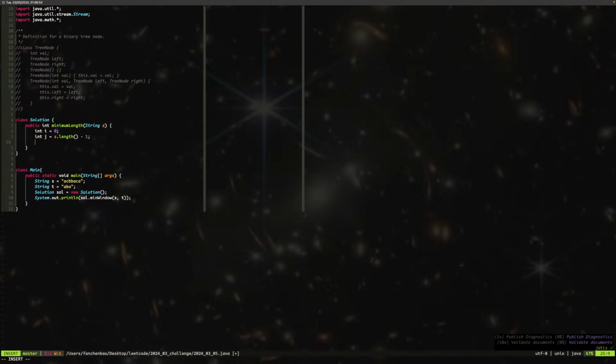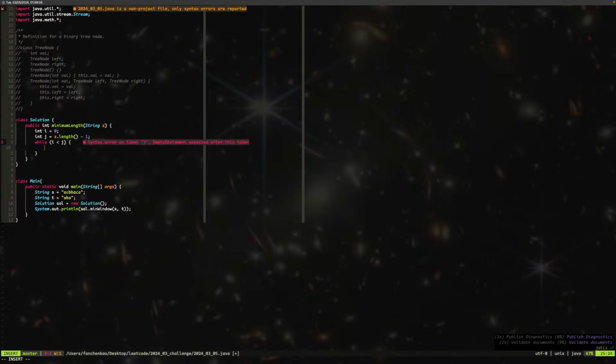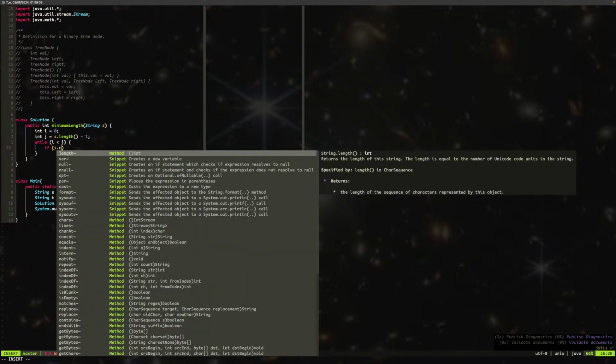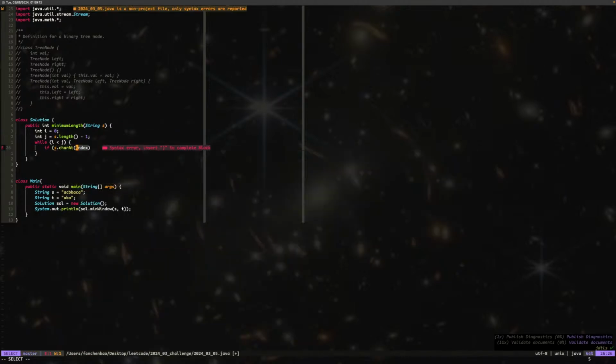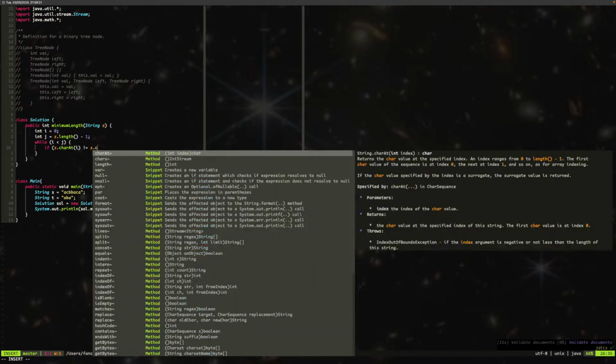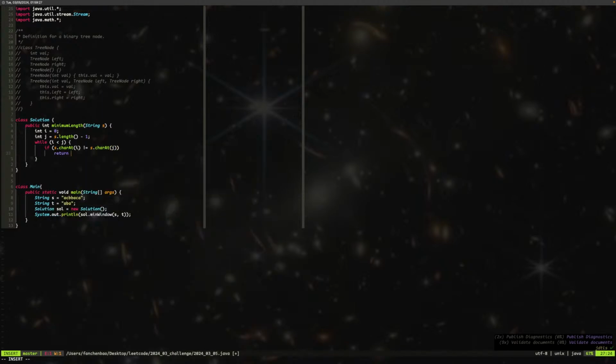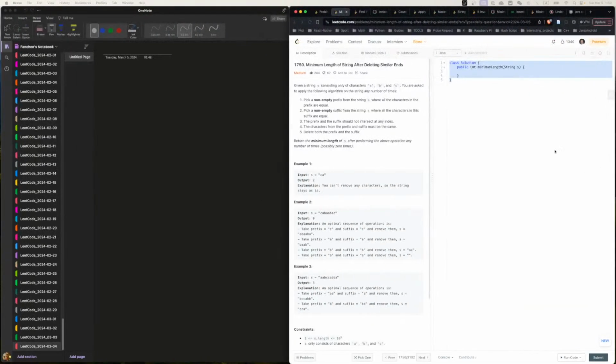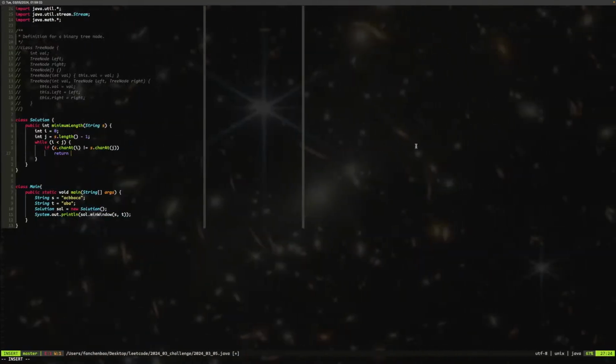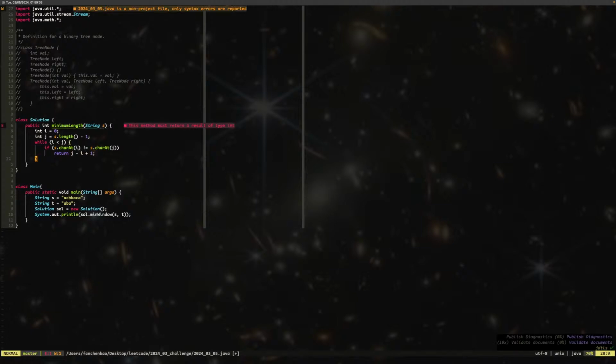Okay, and then we say while i is smaller than j, if s.charAt(i) is not equal to s.charAt(j), then in that case we just return the remaining length. So I say j minus i plus 1.